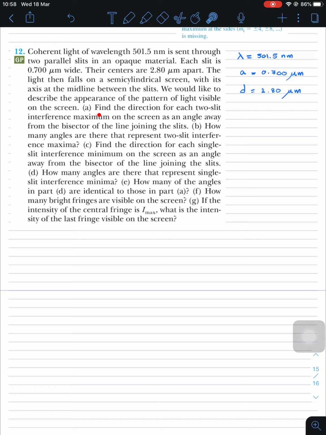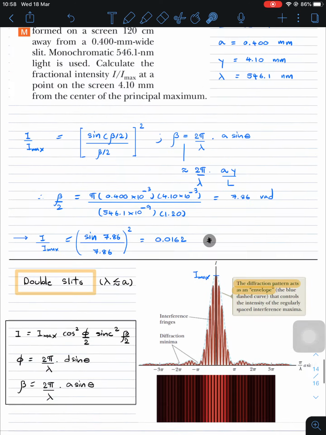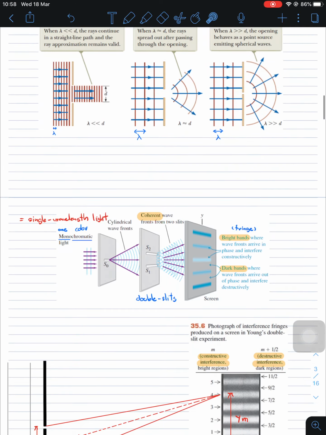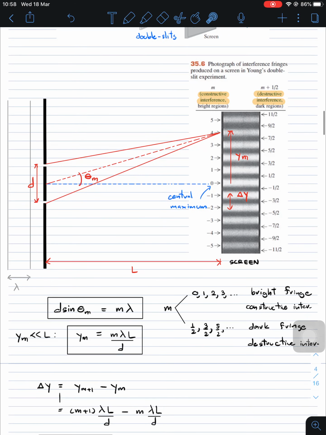Now for part A, find the direction of each two-slit interference maximum on the screen as an angle away from the bisector of the line joining the slits. Actually, it's just this picture. We just want to find theta for the maximum.